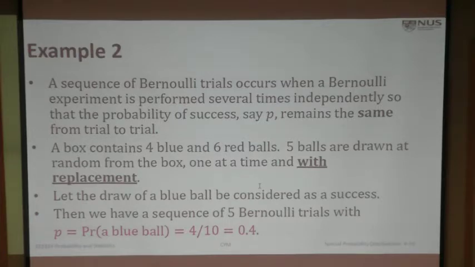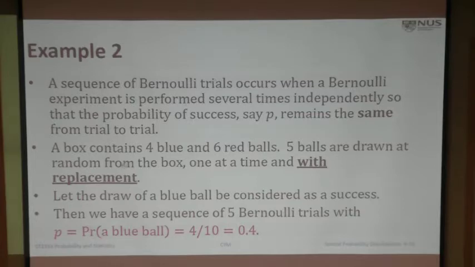I have Bernoulli trial 1, that's the random variable x1. Now random variable x2 has a Bernoulli distribution independently of the first. The third one is a Bernoulli trial x3, and it has a probability distribution which is independent of the first and the second, and so on and so forth. All the random variables are independent and of identical distributions.